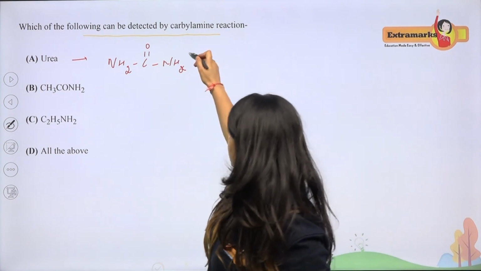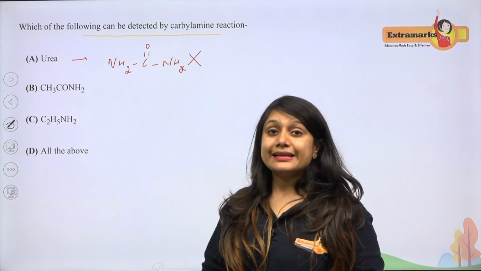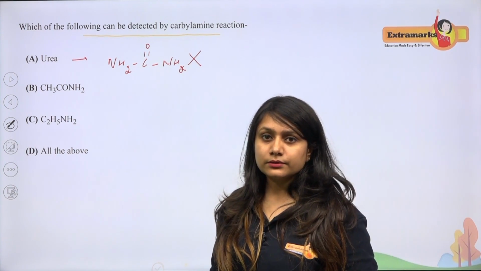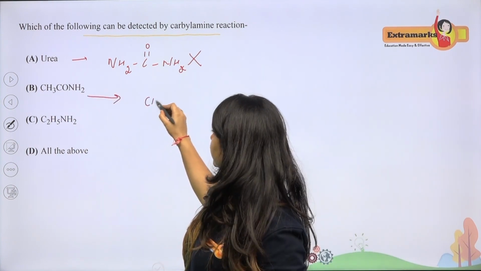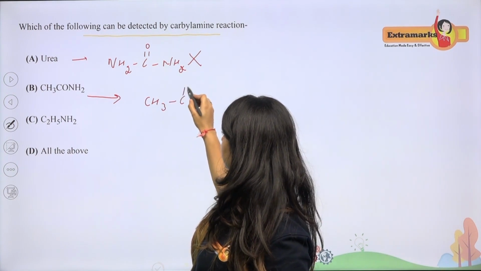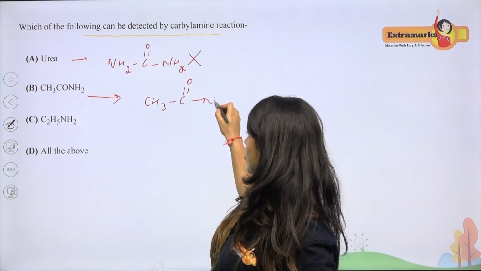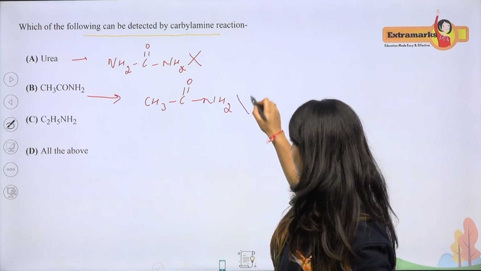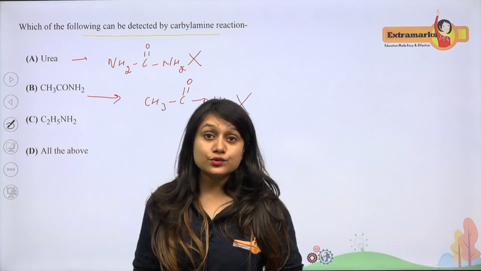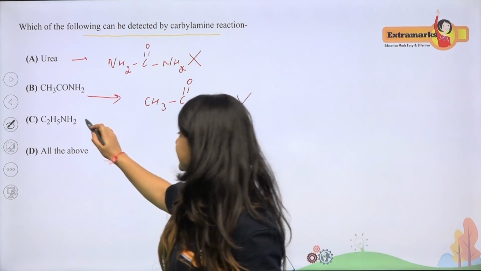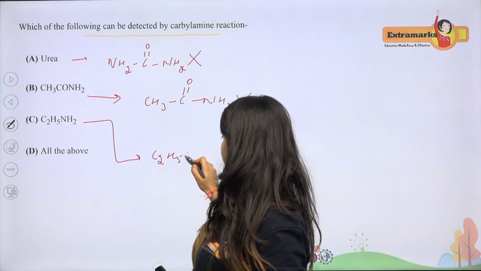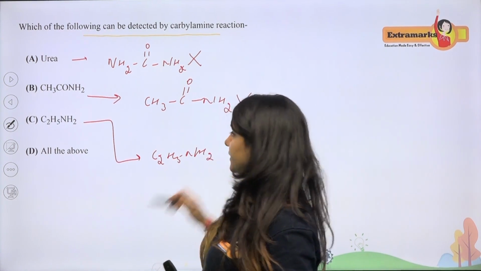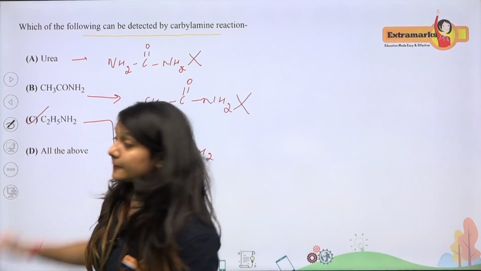No, so directly neglected. Next, coming to the amide. This is basically an amide, not an amine, so we have to ignore this one also. Coming to C2H5NH2, yes, this is a primary amine, and this will give you the carbylamine reaction. So the correct option will be C.